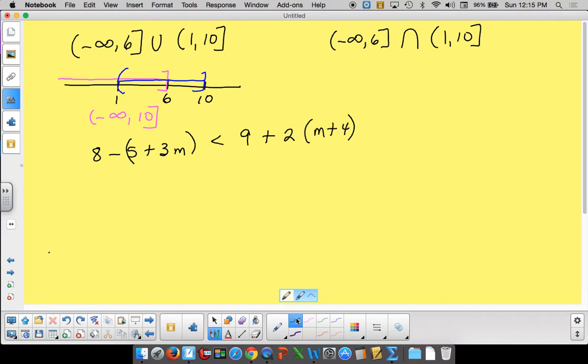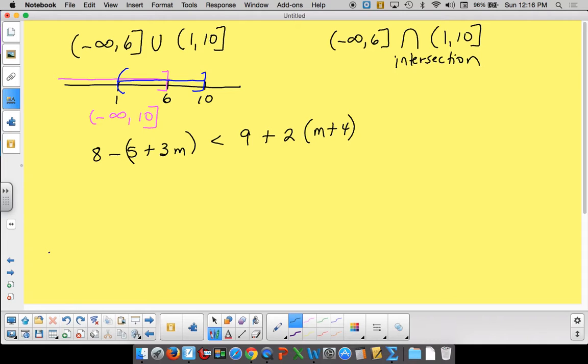Okay, if I come over here and do the second one, you'll notice this one's the exact same problem. I actually don't need to rewrite it. I just need to look at the same picture, but the difference is on this one, I asked for the intersection. Since I asked for the intersection, that means I have to look for where the two overlap.